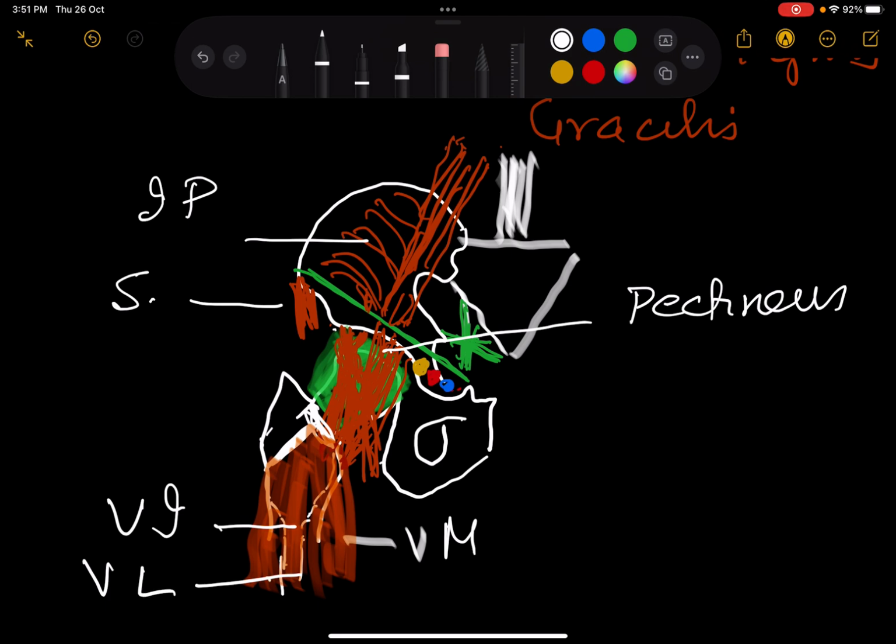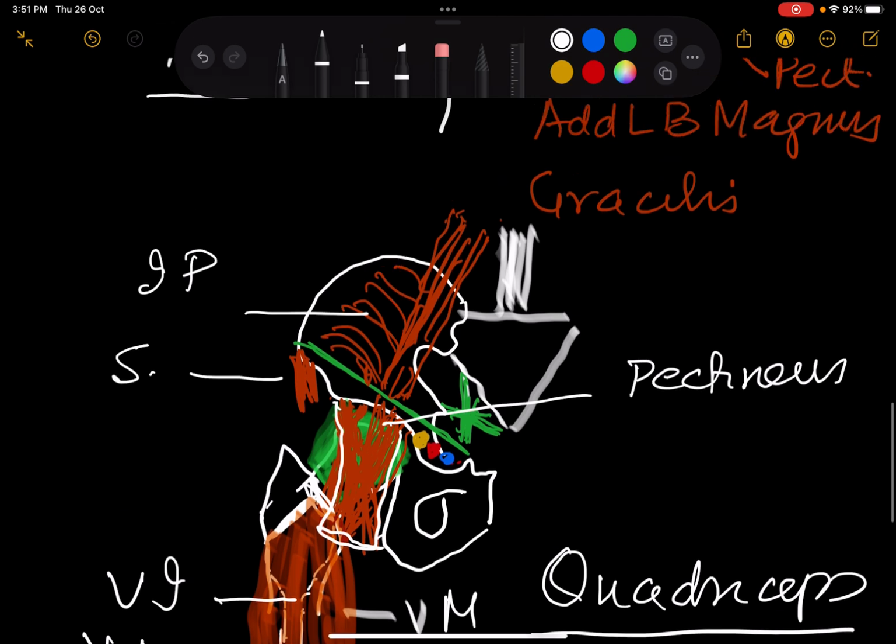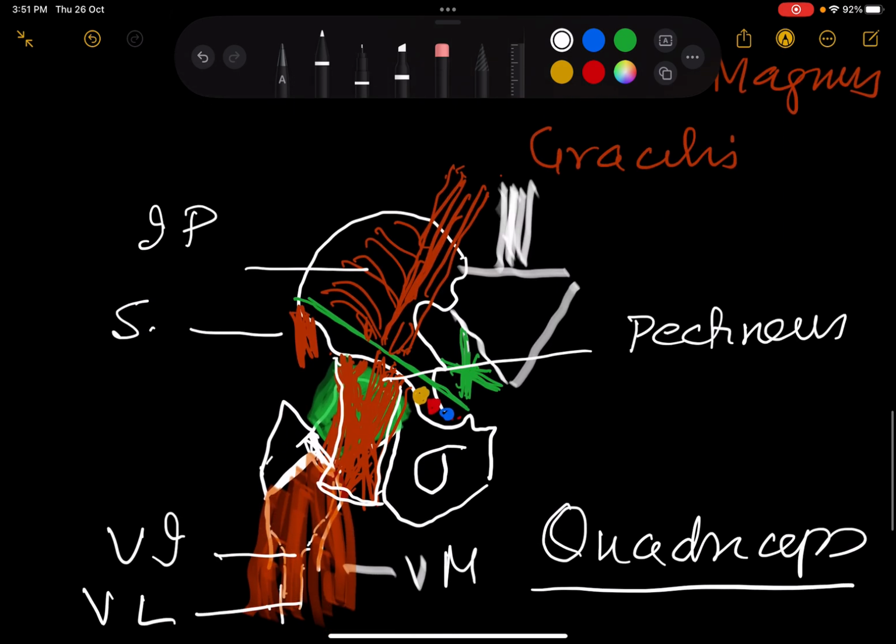So rectus femoris coming from top, this is the rectus femoris, and the vasti form the quadriceps. So these are the flexors of the hip.